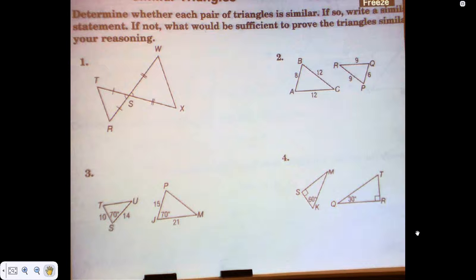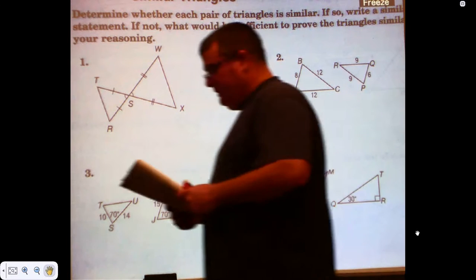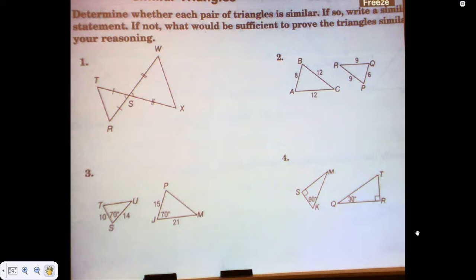What are your directions here? Determine whether the pair of triangles is similar. If so, write the similarity statement. If not, what would be sufficient to prove the triangles similar? Explain your reasoning. Okay. First, let's look at this.